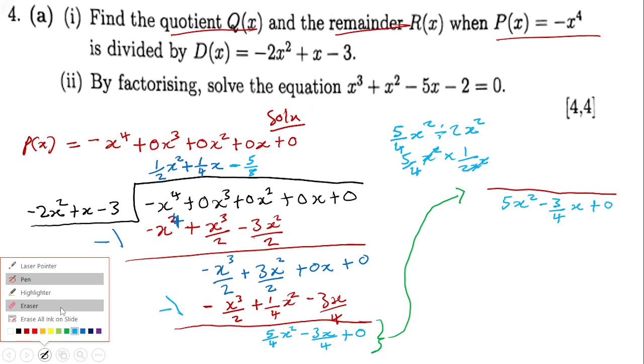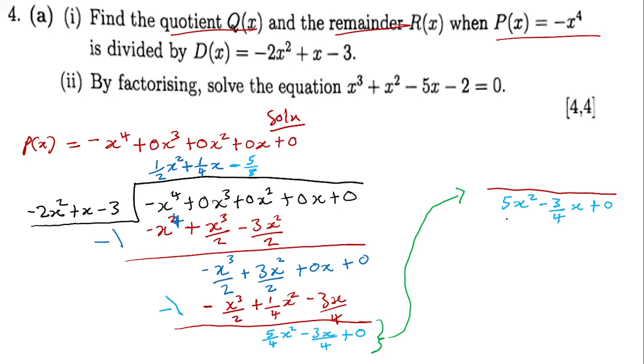So we can easily say 5 over 8 times negative 2x squared is going to give you something like 5 over 8. There should be a 4 down there. Okay, so 5 over 8 times that guy there.